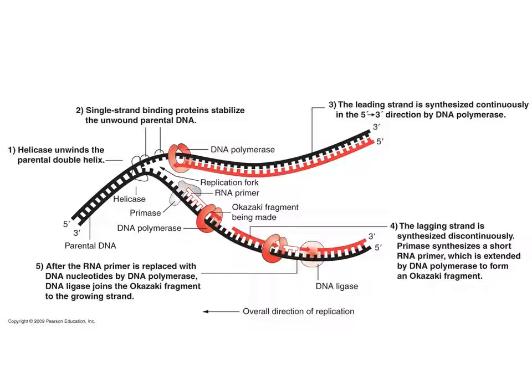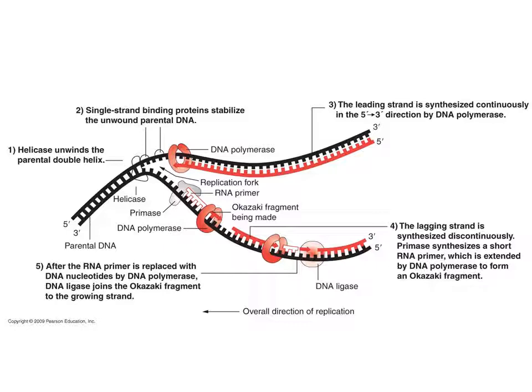DNA polymerase 3, which is the polymerase that synthesizes DNA in the 5' to 3' direction, is then able to come and polymerize a short fragment of DNA. At that point, once it hits the preceding RNA primer, the DNA polymerase will dissociate and fall off of the DNA. But we now need to replace that RNA primer, which is done with a different DNA polymerase called DNA polymerase 1.